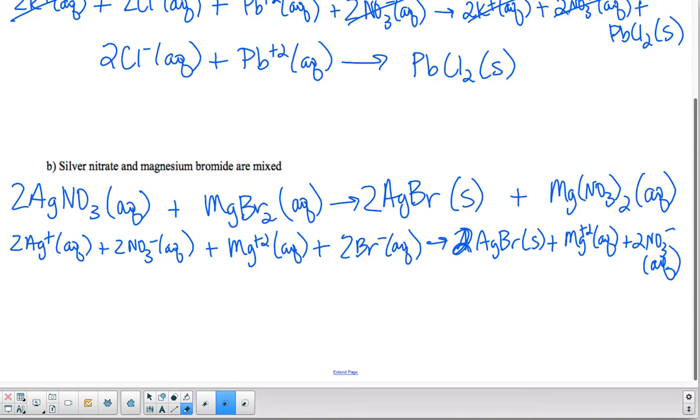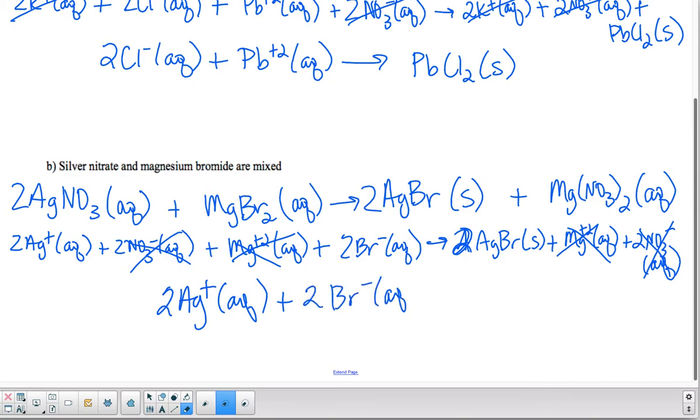All right, what are my spectators? The nitrate, we said nitrates are always soluble, right? So won't nitrates always be spectators? And what else is a spectator? The magnesium ions. Leaving me behind my final net ionic of 2Ag⁺(aq) + 2Br⁻(aq).